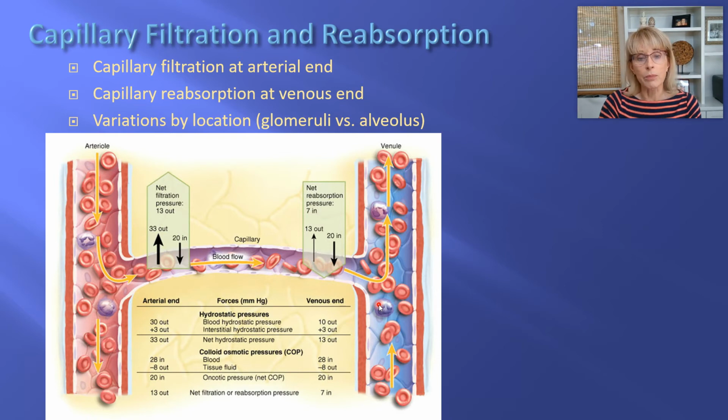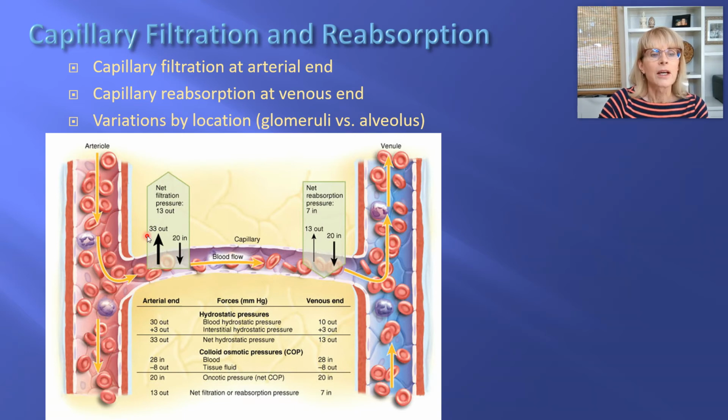The reason why blood pressure decreases from here to here, you should not be able to intuit from this image. This image is not meant to explain to you why blood pressure goes down over the length of a capillary. That'll be a different image that we will look at. For this image, let's just go ahead and assume that it is true.